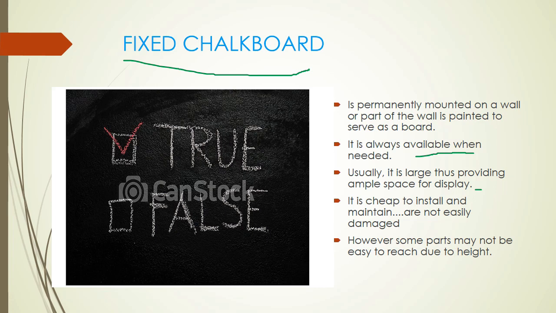It is cheap to install and maintain and not easily damaged. However, there is a disadvantage of using the fixed board because some parts may not be easy to reach due to heights.